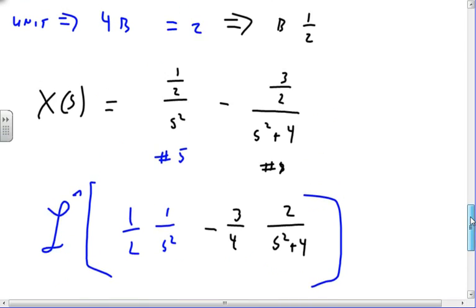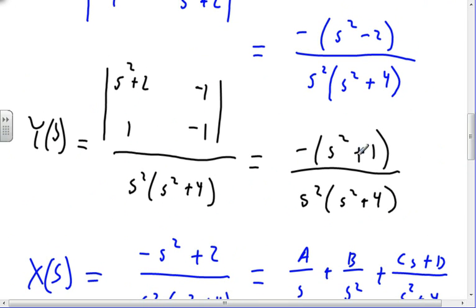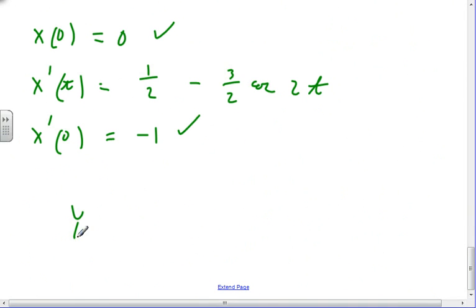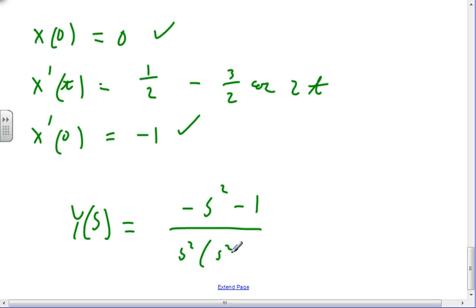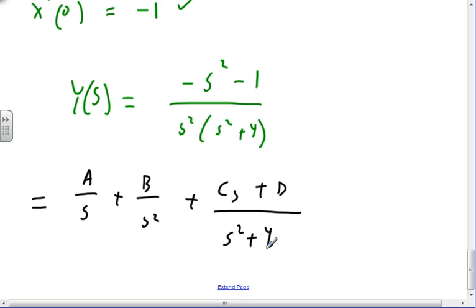All right, so now we go back to y of s. So y of s is minus s squared minus 1 over s squared plus 4. Okay, so now we're going to do the same thing, a partial fraction. I'm going to have A over s, B over s squared, Cs plus D over s squared plus 4.